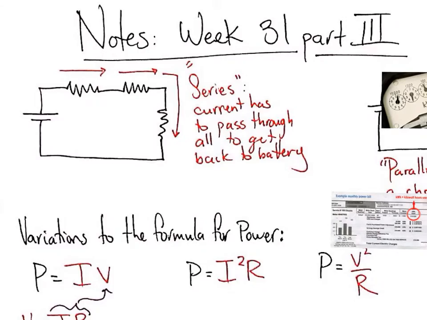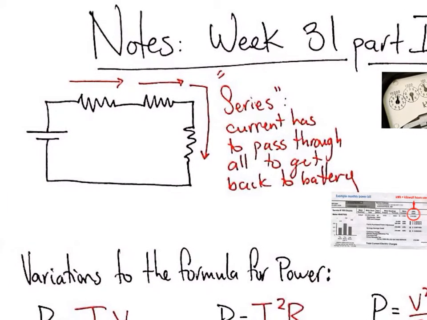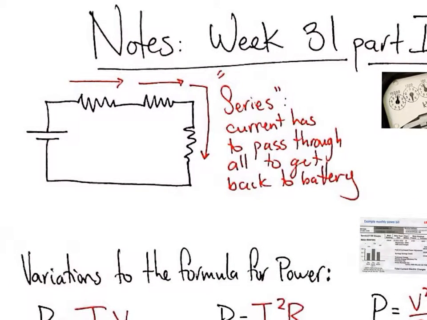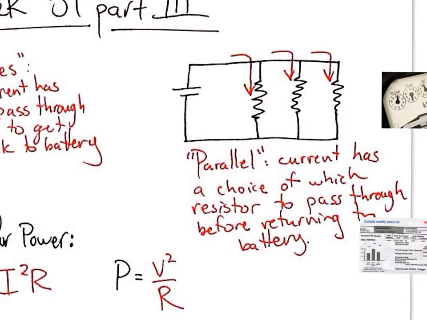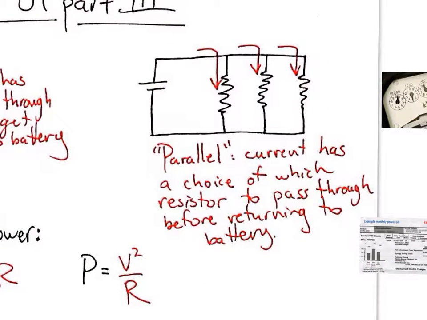First of all, let's talk about the difference between series and parallel. We'll be getting into those in detail next week, but a series circuit is one where the resistors are connected like this, so the current has to pass through all of them. There's another type of circuit called parallel, which looks like this, and in a parallel circuit, when the current flows, it has a choice.